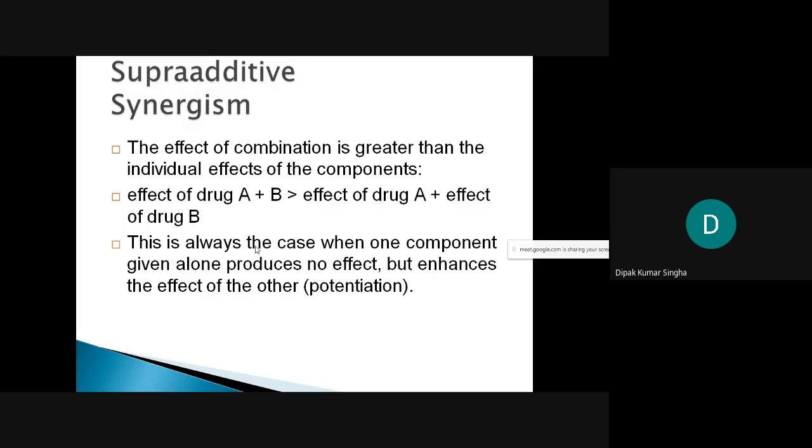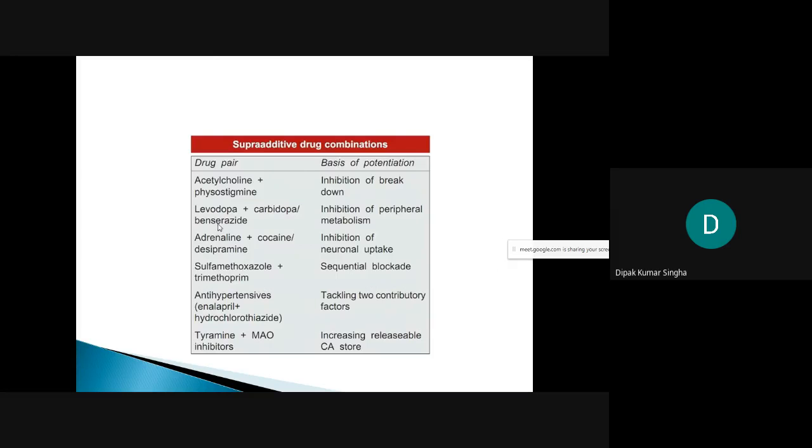So, say for example of the supra-additive drug combination, I think you can remember it, because different questions come from this topic. Acetylcholine and physostigmine, which inhibits the breakdown process: this is the synergistic or supra-additive action. Levodopa and carbidopa.